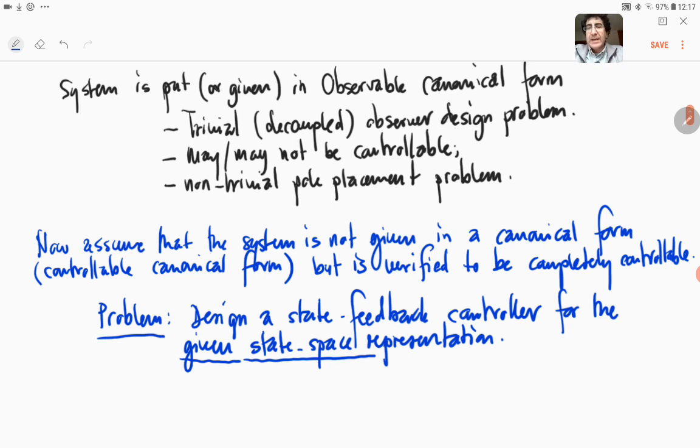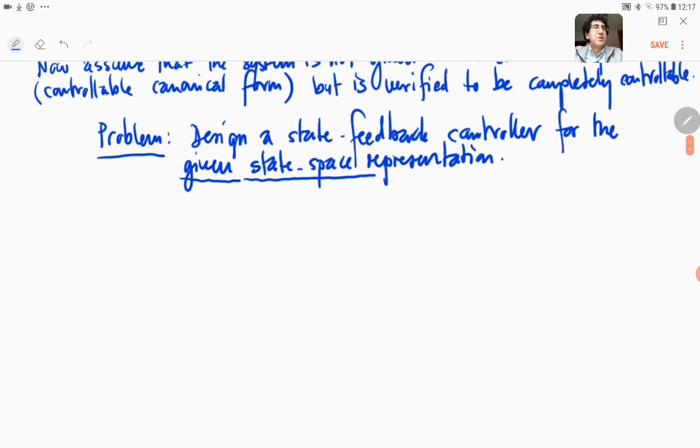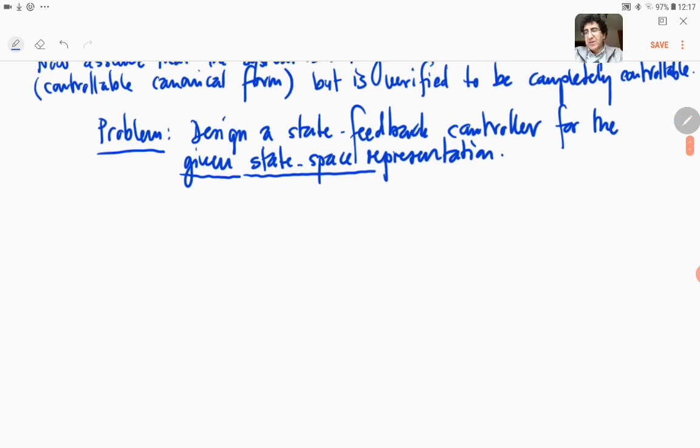It is given in a certain form, and you want to find the state feedback coefficients for that particular representation. So let's say that the states are given by phi, so we have phi dot equals A phi plus Bu, and y is given by C times phi.